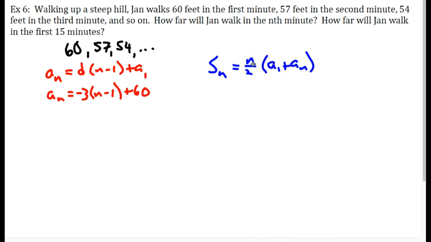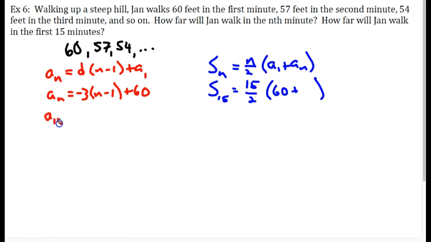Well, n is going to be 15 in this case. We want the total for the first 15 minutes. So S sub 15 is going to be 15 over 2 times the first term, which we know is 60, plus the 15th term, which I don't know. But we have our nice formula over here that we can use to calculate that.